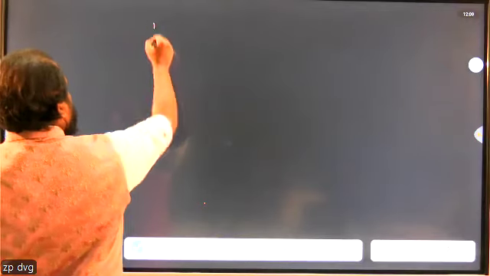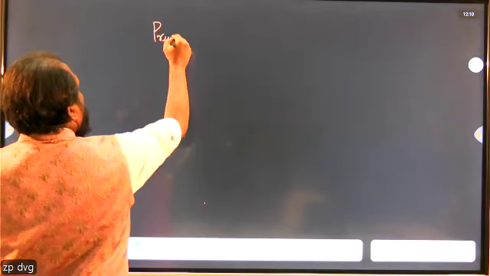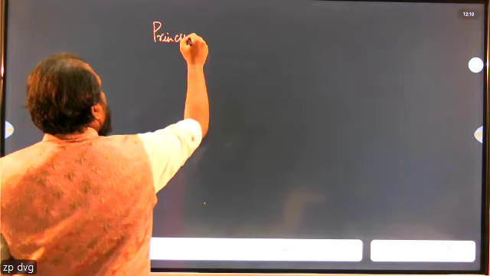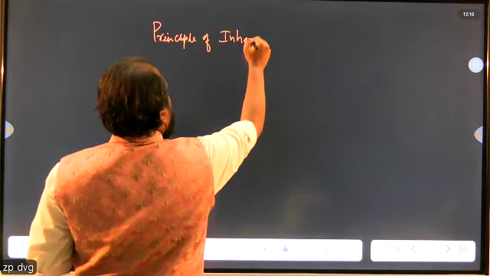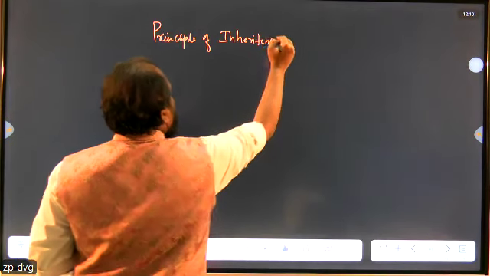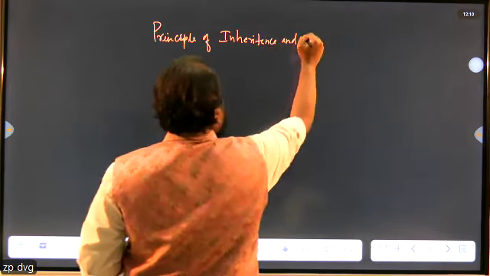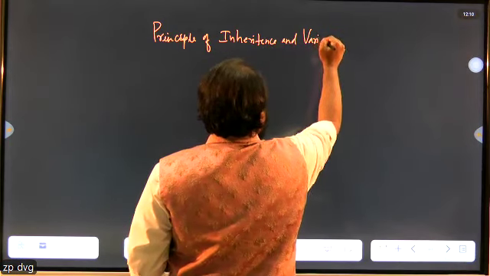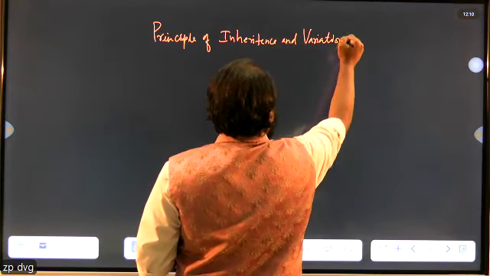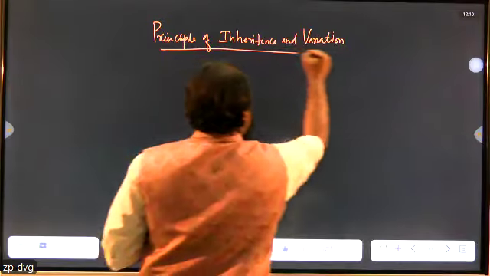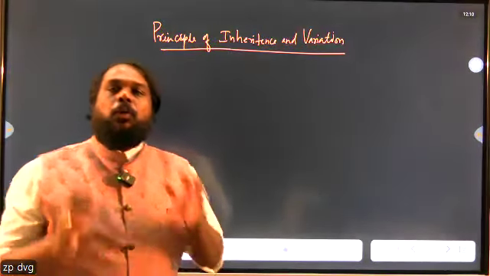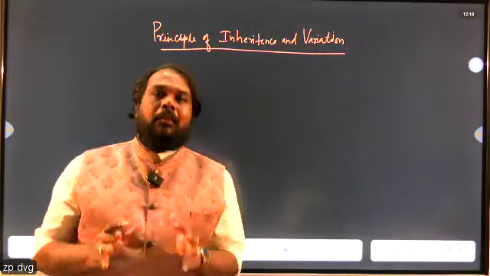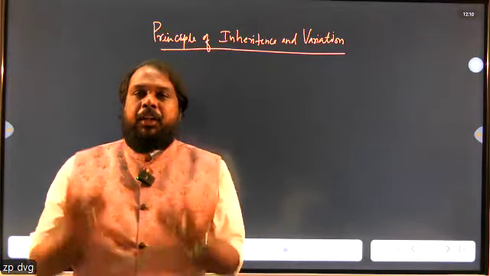Okay. So the chapter that we are going to discuss today is principle of inheritance and variation. Okay. What we are going to do here today is we are going to discuss some of the important terms which are related to this particular topic.